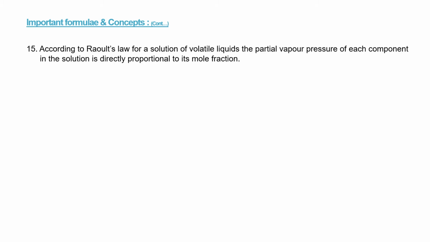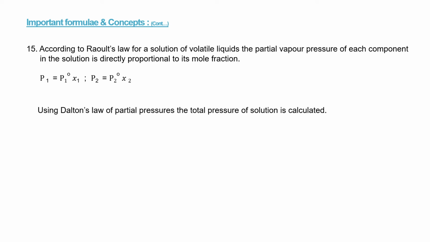Now, according to Raoult's law, for a solution of volatile liquids, the partial vapor pressure of each component in a solution is directly proportional to its mole fraction. That means P1 is equal to P1 naught into x1, or P2 is equal to P2 naught into x2.